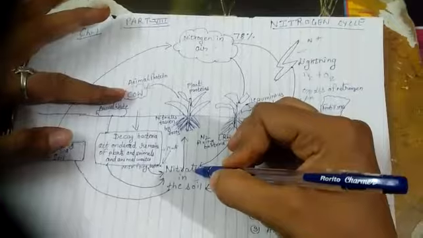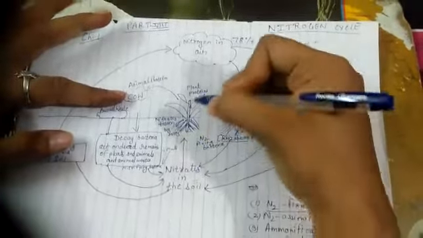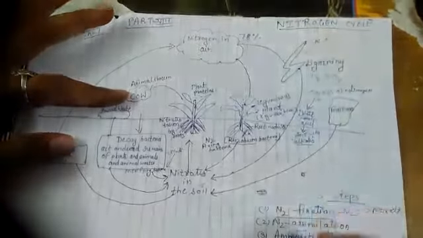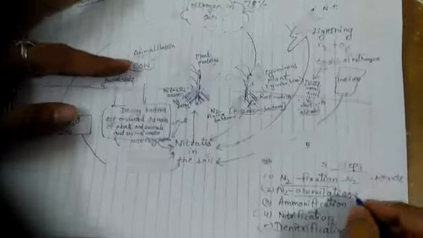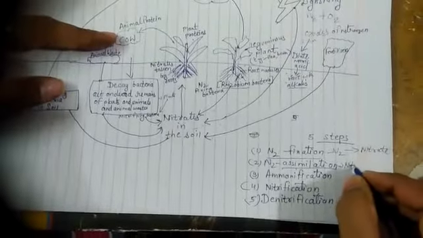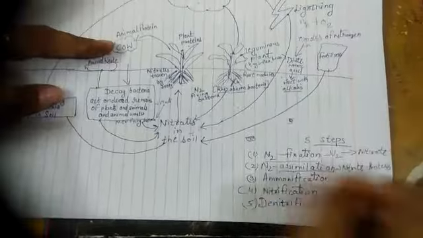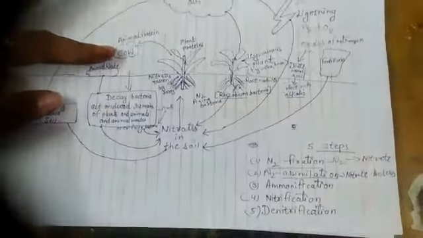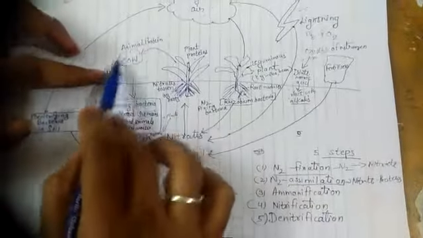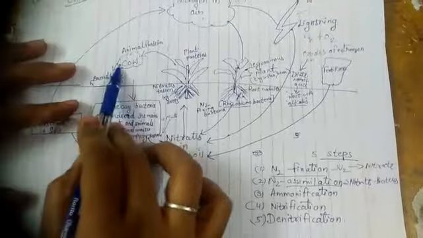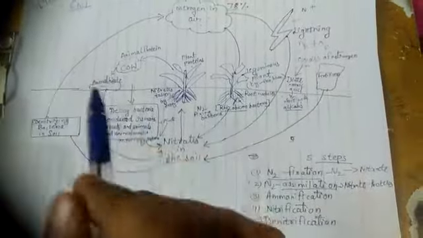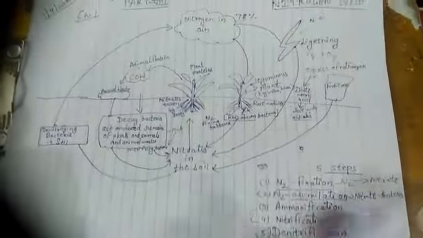The conversion of nitrate into proteins is our second step, assimilation. So the conversion of nitrate into proteins is called nitrogen assimilation. The cow is eaten by the carnivores. That process is called nitrogen assimilation.